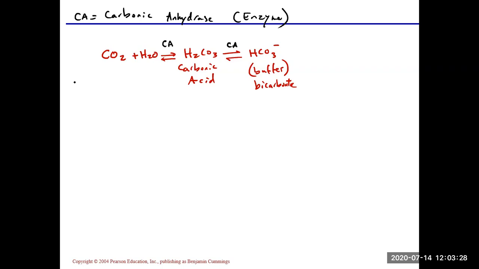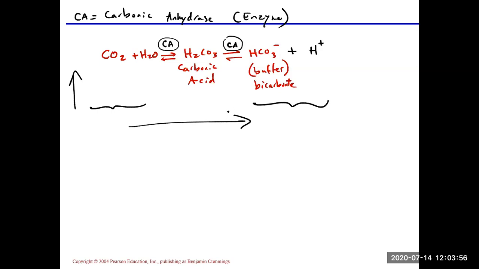If you have a higher amount of carbon dioxide and there's plenty of water, then the reaction is going to shift this way. Of course, this one is plus hydrogen ion. So the reaction is going to go towards the right in this case. But remember that this enzyme can catalyze this reaction either way. So if we have more of this part right over here, then the reaction can go the other way. It really depends on which way we're going to go, and it gives you an idea.